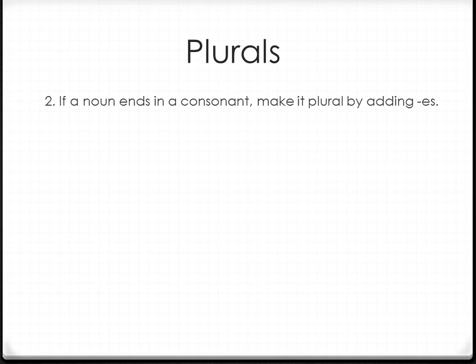Second rule. If a noun ends in a consonant, then you make it plural by adding es. For example, you have el borrador, then you would change it to los borradores. So see, it ends in a consonant, which is R, so therefore you have to add es.